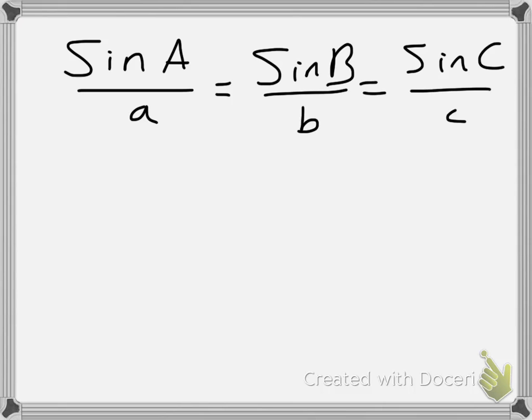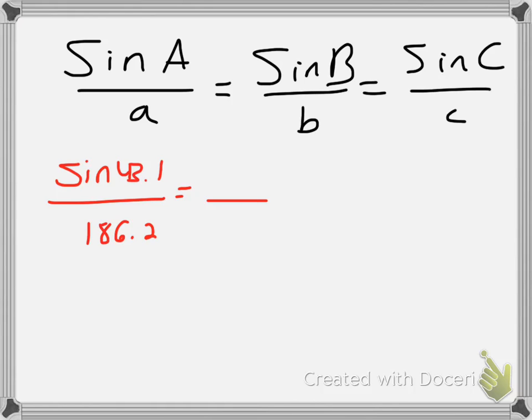So from my information, I can say that I have sine of A, which is 43.1, over side A, which we said is 186.2, is equal to, now the only other length that I have is side B, which is 248.6, and sine of B, of course, I do not know.